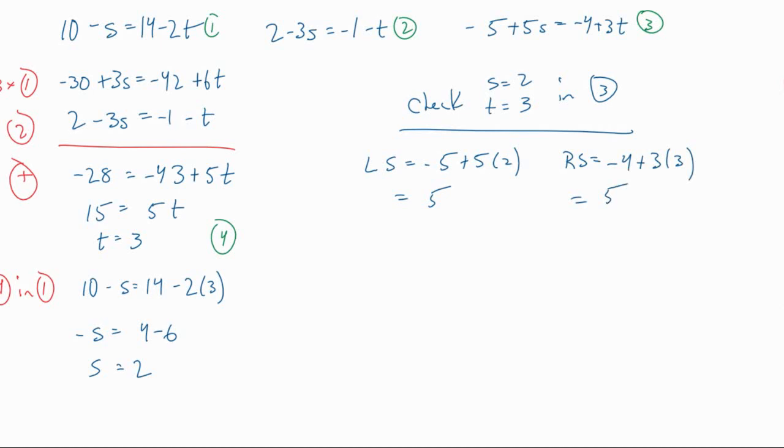Left side equals right side, which means basically consistent parameters, consistent s and t. So therefore, L1 and L2 cross at a point. There's one solution.